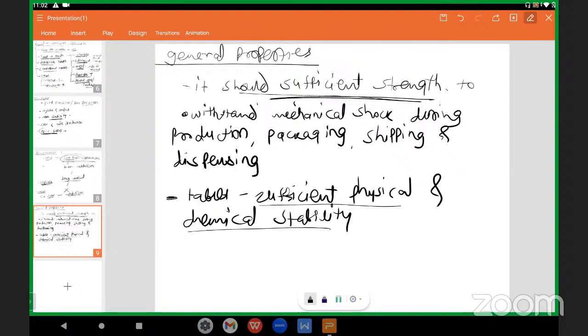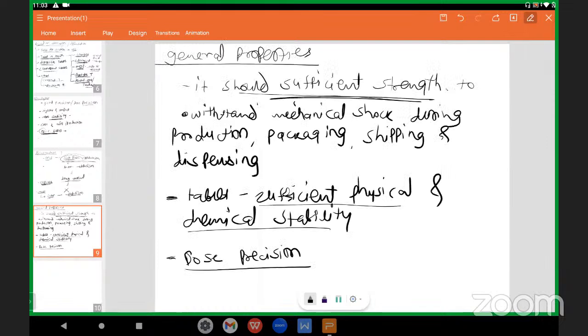So, जब भी आपको ideal tablet बनाना है तो उसमें proper content uniformity या dose uniformity maintain होना चाहिए. Simply you can cover it under precision. Dose precision should be there. These are the properties that you need to take care of during the manufacturing or large scale production of the tablets. Clear this point? ये basic है.